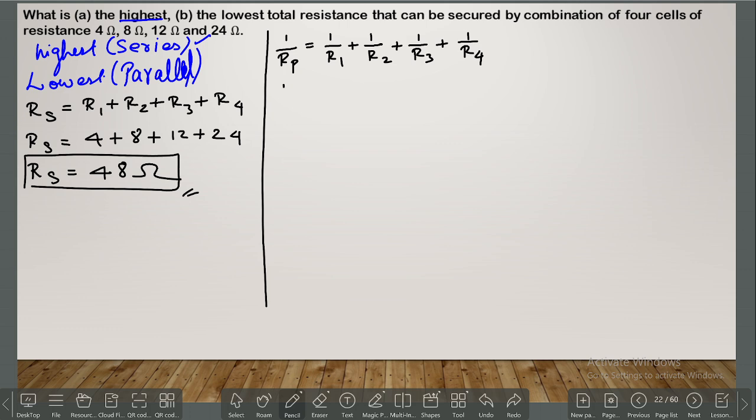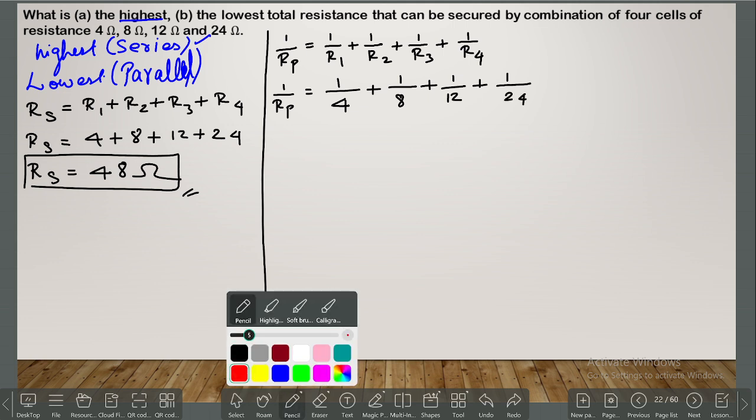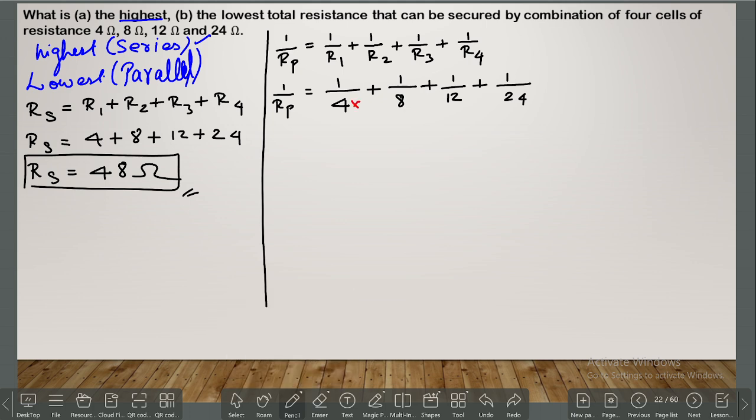So now 1/Rp is equal to 1/4 plus 1/8 plus 1/12 plus 1/24. Now we will make the denominator common. In order to make the denominator common, I can multiply by 6, the numerator also 6, here 3, in this 3, here 2, here 2, and here you can multiply by 1.